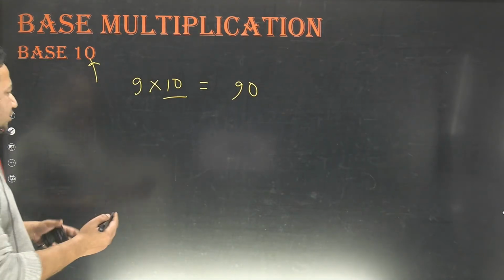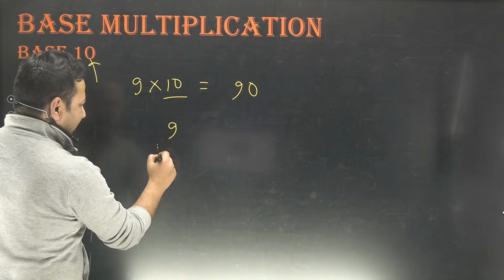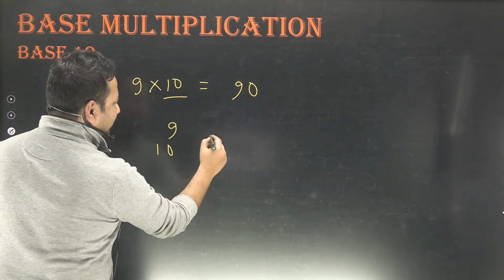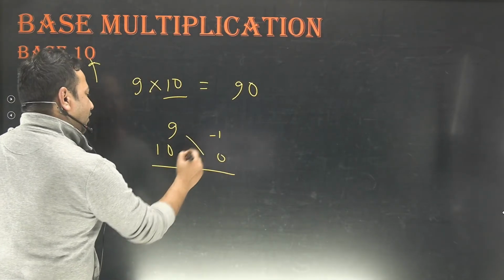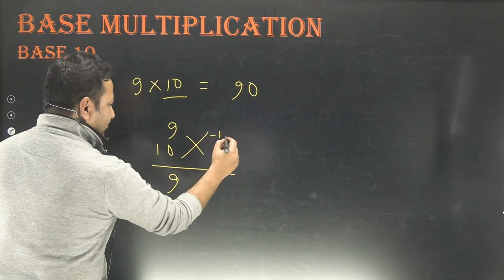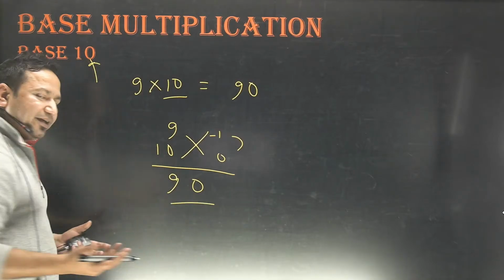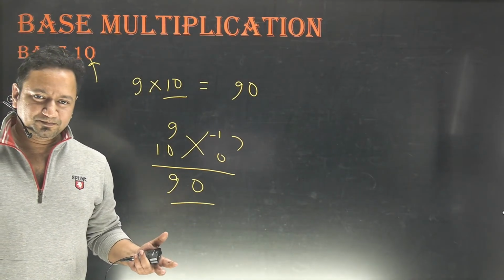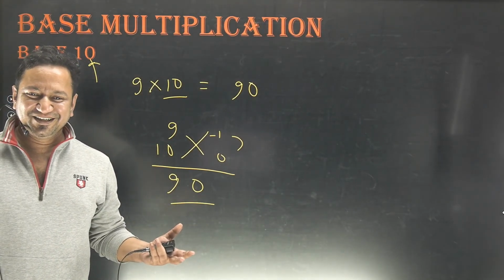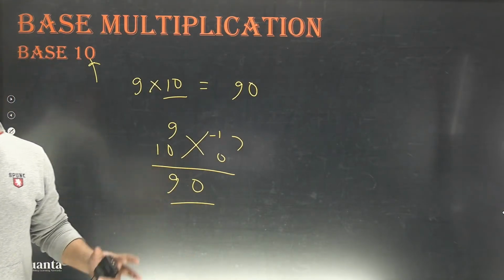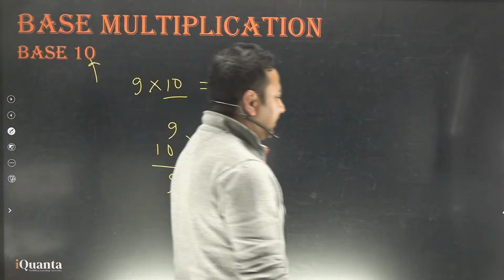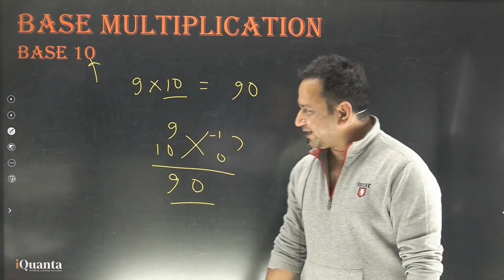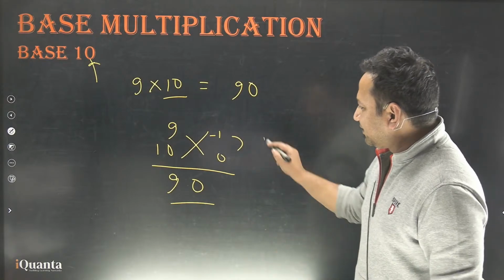But still, if you want to do it, just write it. 9 and 10. 9 is 1 less than 10. 10 is 0 less than 10. 9 minus 0 or 10 minus 1, you will get 9. Minus 1 multiplied by 0, you will get 0. 90. That makes sense? Alright. So those who are asking how to multiply by 10, which I won't say it's a good question, this is how we can do it.